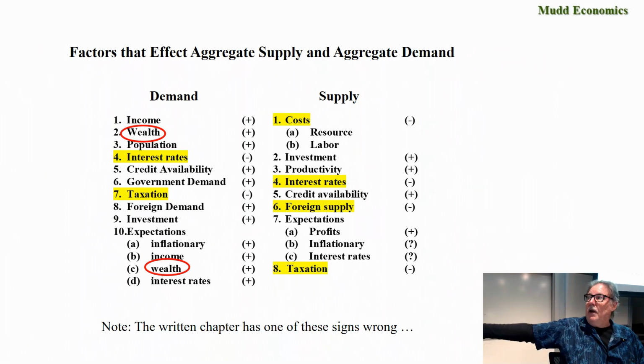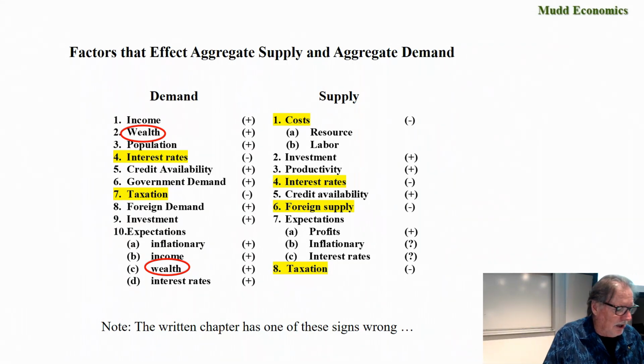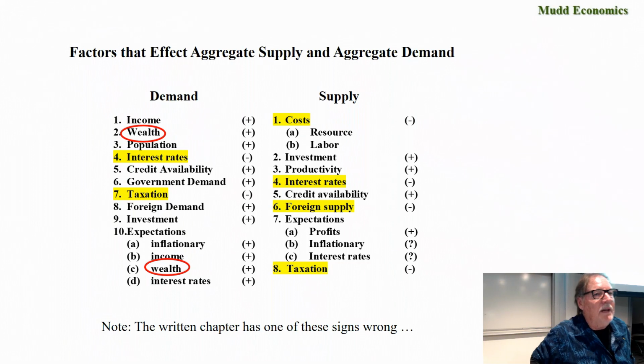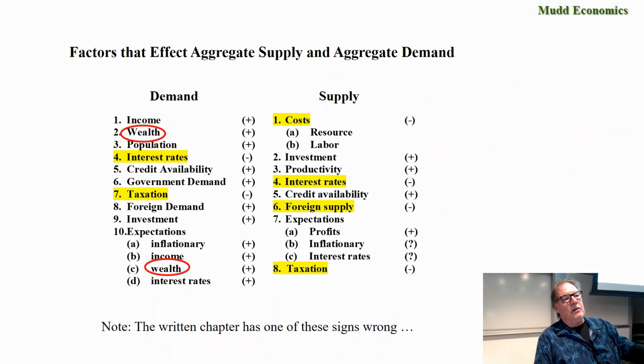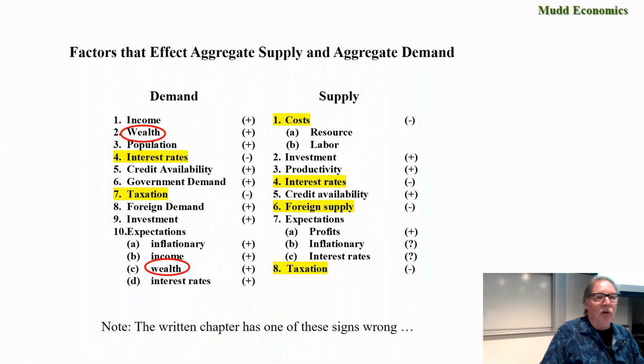And we're saying that not only do inflationary expectations, the formation of those, impact our demand, so do wealth expectations, income expectations, and even interest rate change expectations. So that means that if we anticipate that these variables will change in the future, even though they have not yet changed, our consumer behavior will respond to that, and they'll respond to that along the lines suggested by these signs.